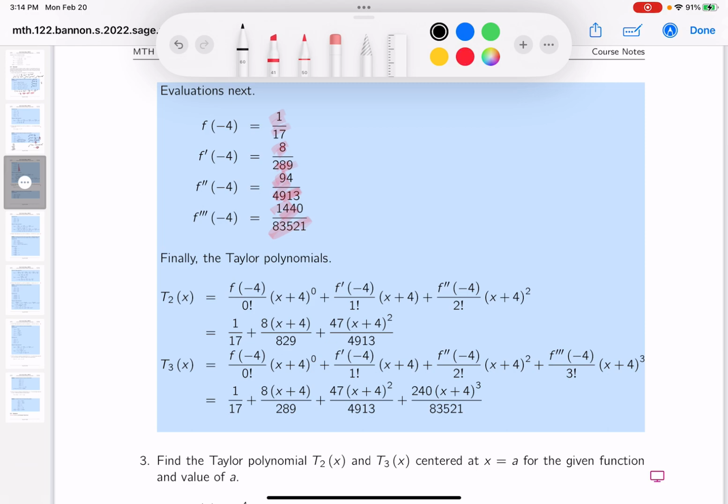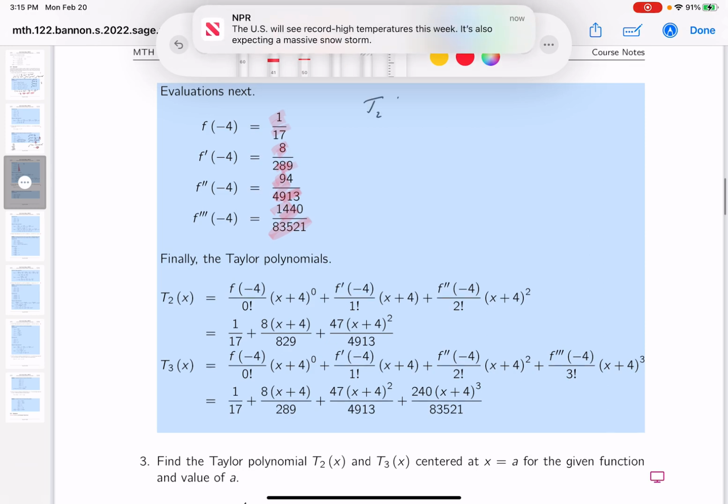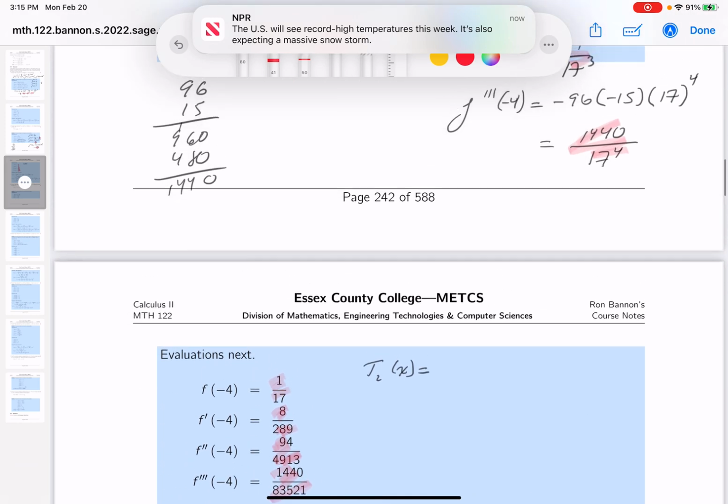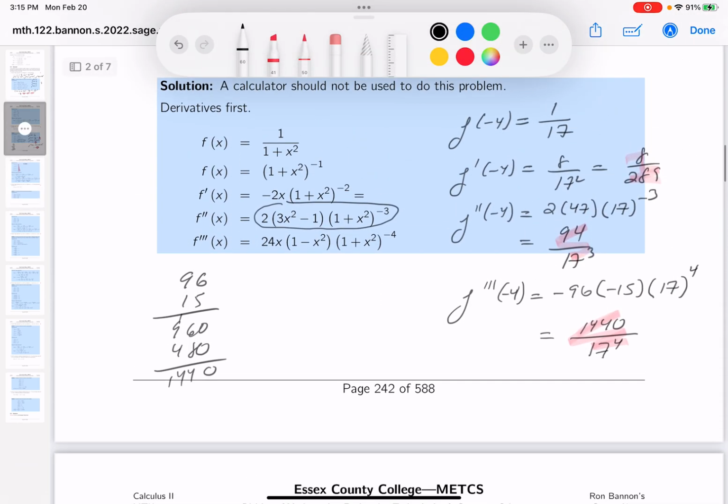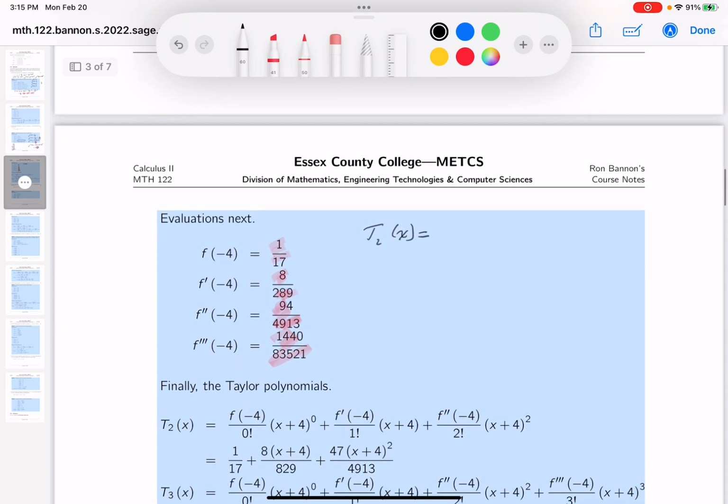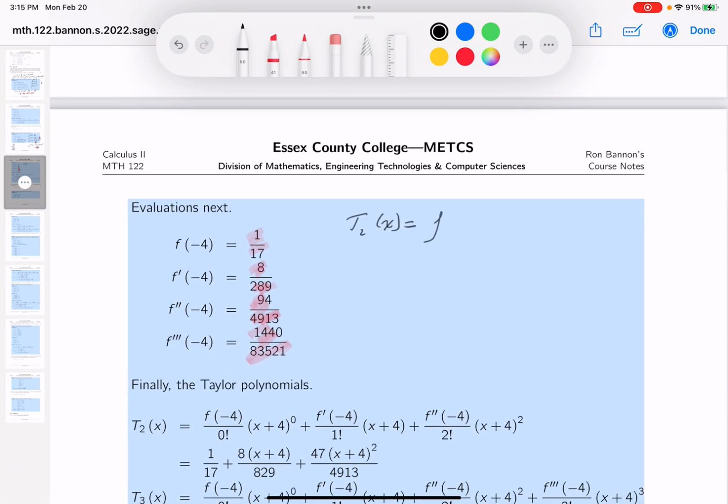So if I were on the exam now, I'd write down T2. And, bottom line is I don't want to do a lot of writing. I'm going to write down what I need to do. I'm going to write down I need to evaluate f at -4. Yes, we've already done that. Over 0 factorial.